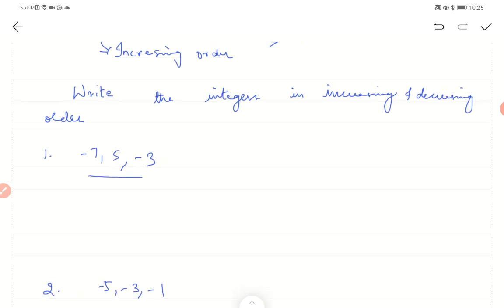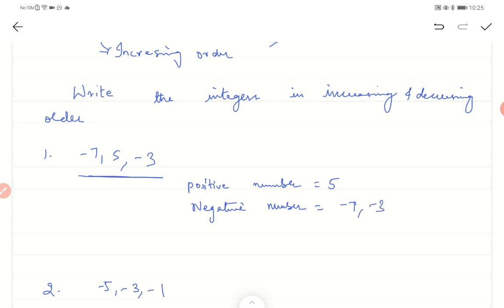All right. Now let's take other examples. We have numbers minus 7, 5 and minus 3. So you have only one positive number, which is 5. Then negative numbers, we have minus 7 and minus 3.